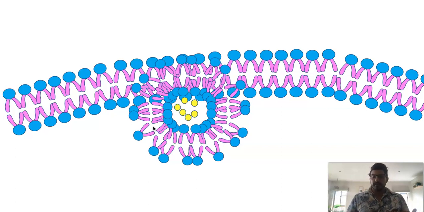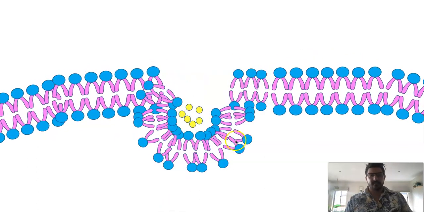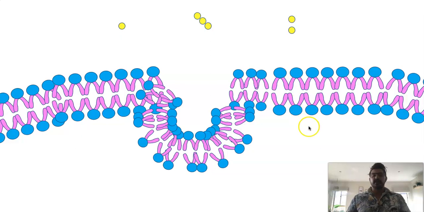This is what we call bulk transport. And this particular one is going to merge with the phospholipid bilayer, and then all of the molecules will escape and head off into the external environment.